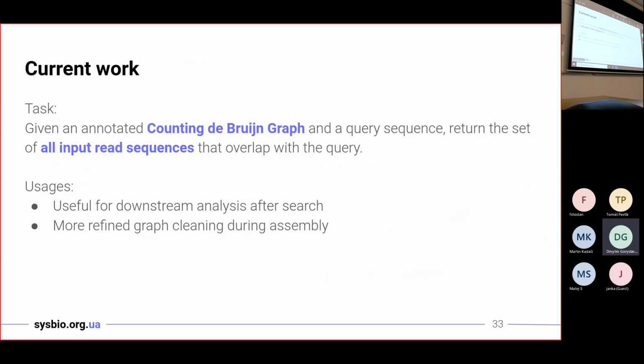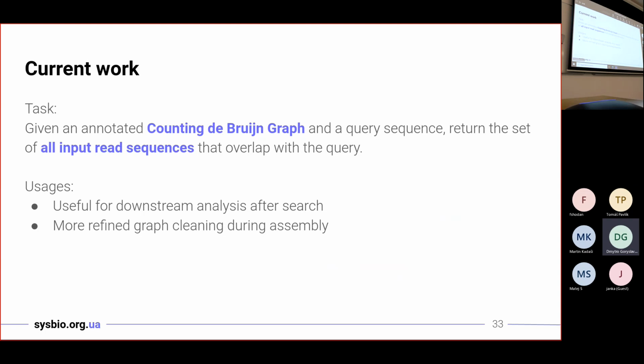So now I would like to tell you about my current work with the metagraph. I am working right now on the problem of returning the set of all input read sequences that overlap the query from the annotated de Bruijn graph. I started to work on this during my summer internship, and I'm continuing to work on that problem, which will result in my master's thesis.